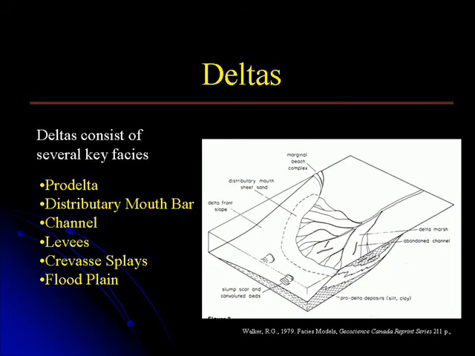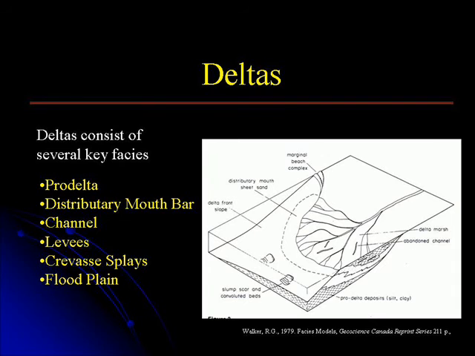The pro-delta is the large body of water that is produced in front of the delta, and this is largely underwater. And of course there'll be channels and levees just like there are in rivers, because the processes that are operating here are very similar to one another. Okay, so this is a lot more detail than you have to worry about in Geology 111, but for those of you that are geology majors, this is something you'll see when you get to the upper level sedimentology class.